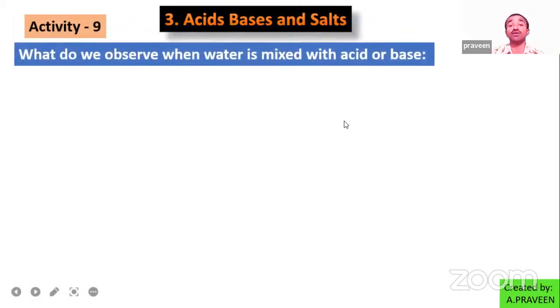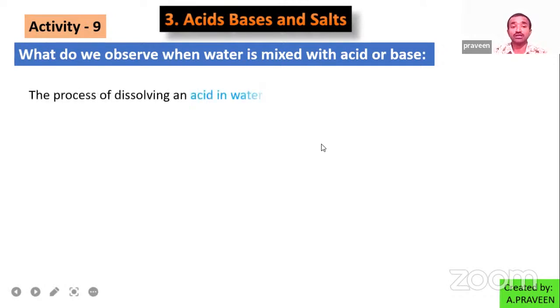So that is what we are learning in Activity 9. What do we observe when water is mixed with the acid or the base, or acid mixing with water? In any manner, but which order is correct, which is adding into the other? That is the right way. We are deciding.